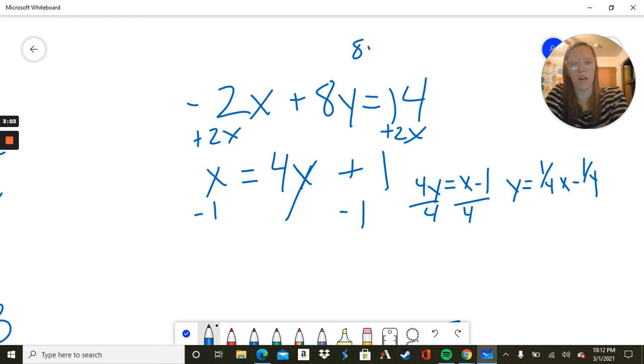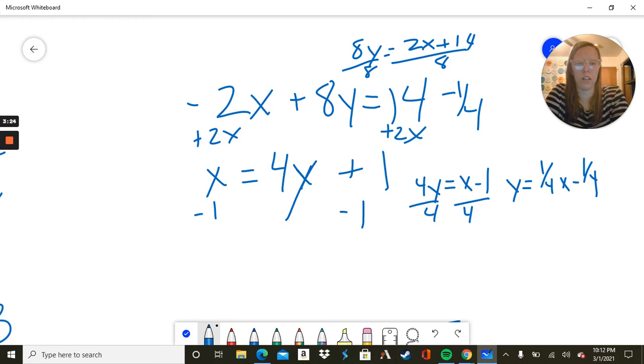So we get 8y equals 2x plus 14, divided by 8, is negative 1/4 x minus 14 over 8.